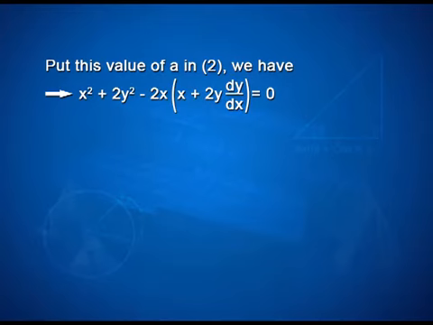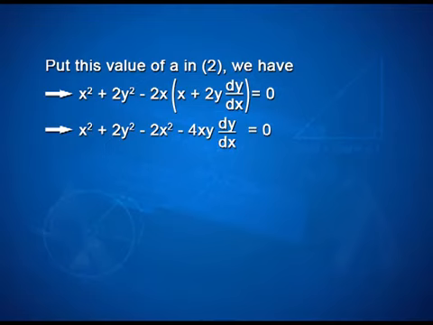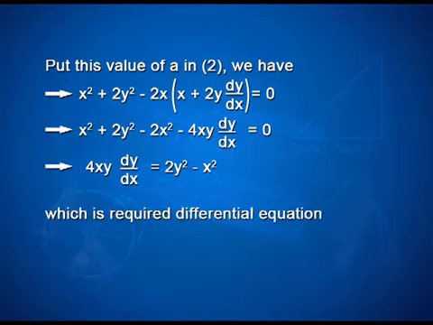That implies x² + 2y² - 2x² - 4xy dy/dx = 0. This implies 4xy dy/dx = 2y² - x², which is the required differential equation. Here is an important example because it has more than 2 arbitrary constants.